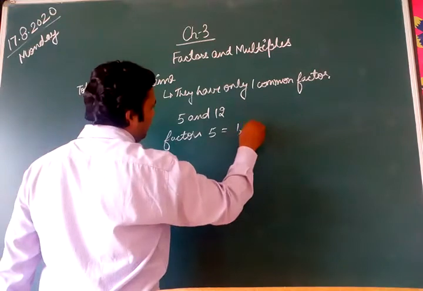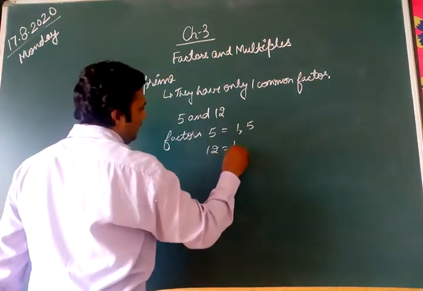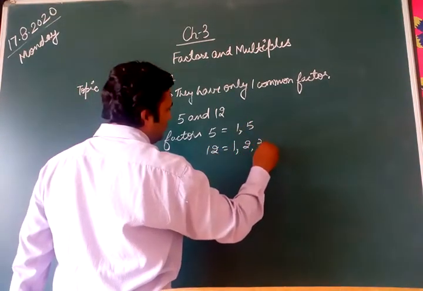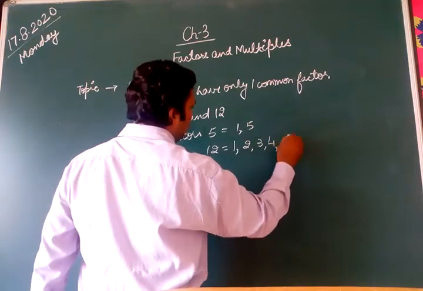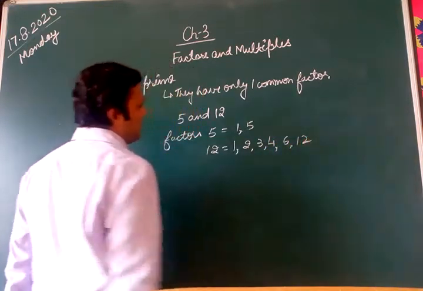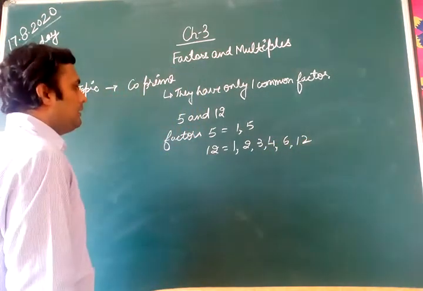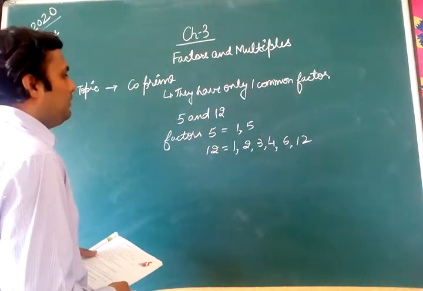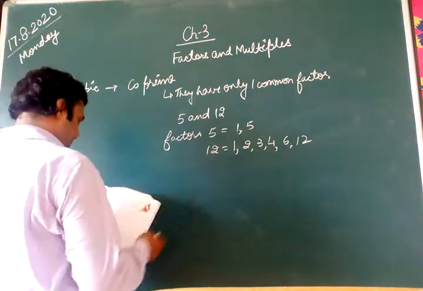Factors of 5 are 1 and 5. Factors of 12 are 1, 2, 3, 4, 6 and 12. But here the only one common factor is what? 1.